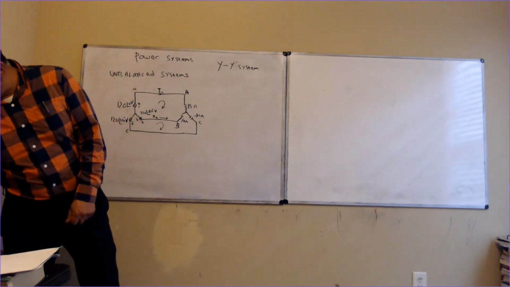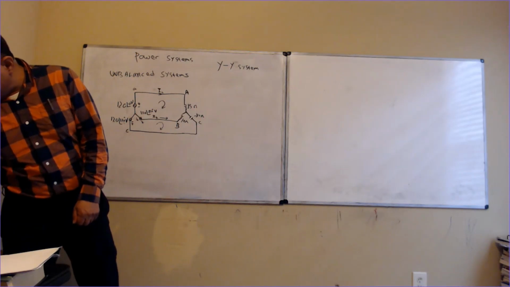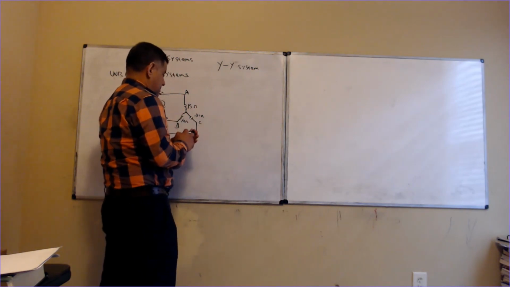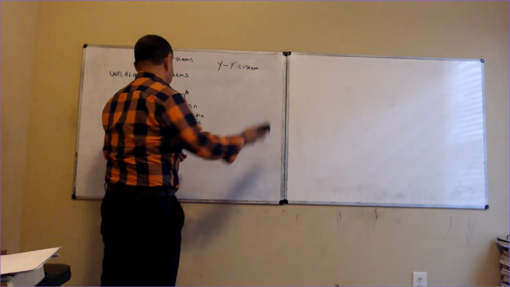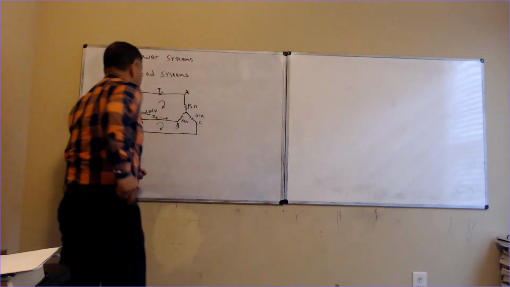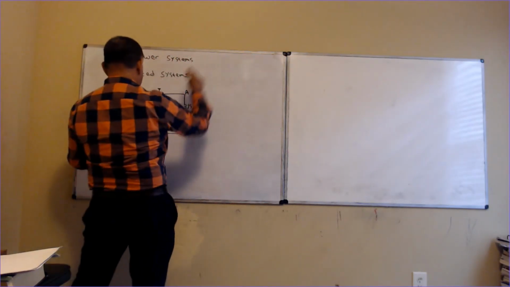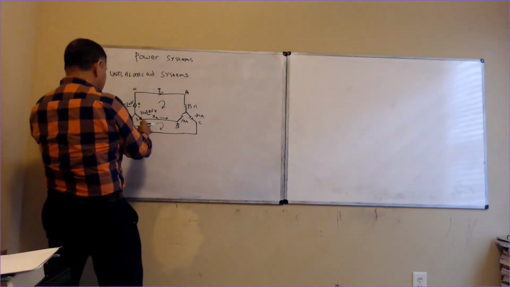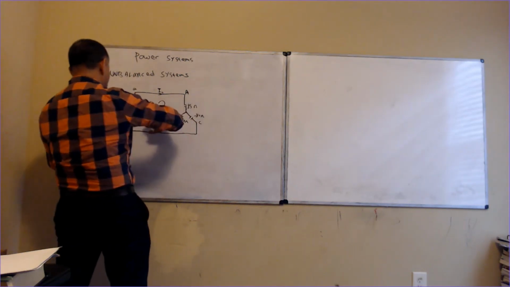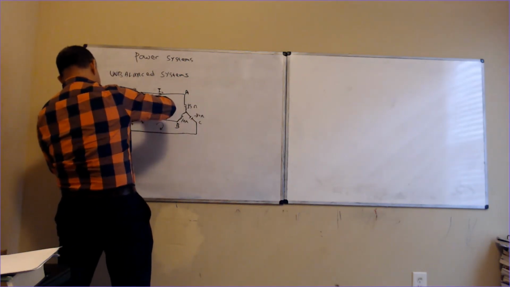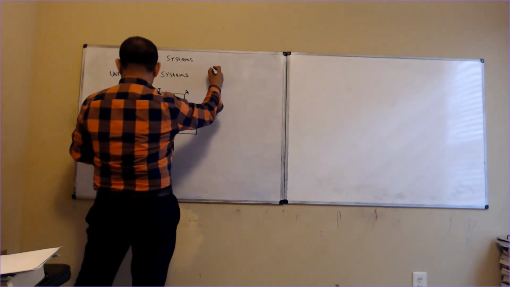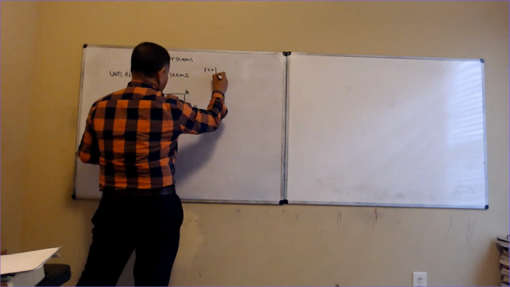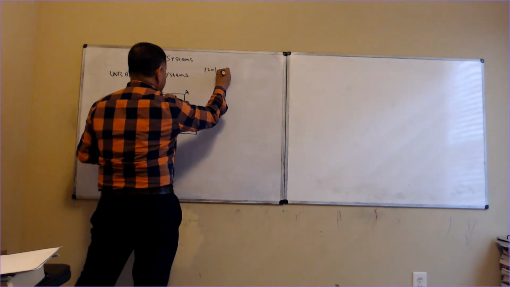Okay, so how do we deal with a problem like this? I can start by saying that this current is going up, so it's going from positive to negative, and it's 120 volts at an angle of negative 120 degrees.